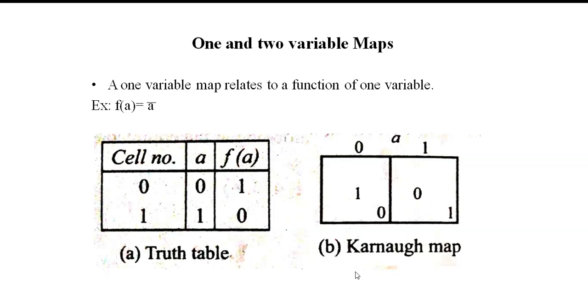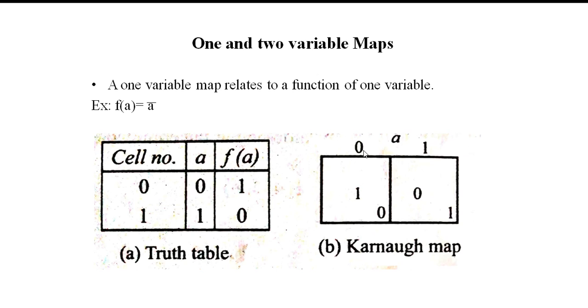See one by one how to write one and two variable maps. A one variable map relates to a function of one variable. This is a simple representation, the Karnaugh map for one variable. For one variable we have two cells, right? So two cells are written here.